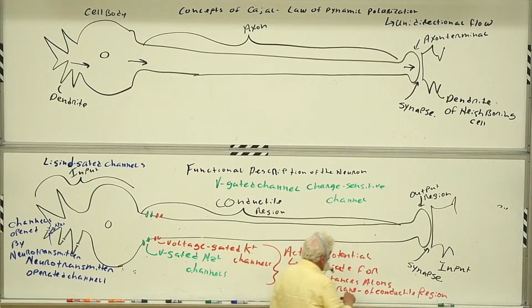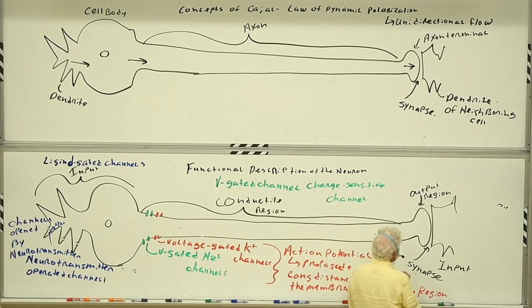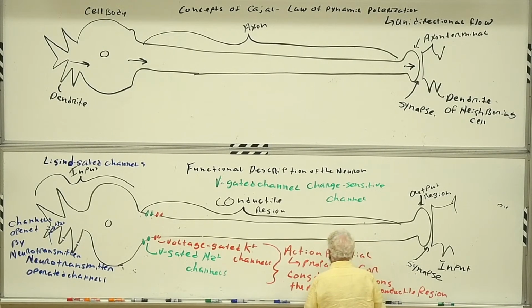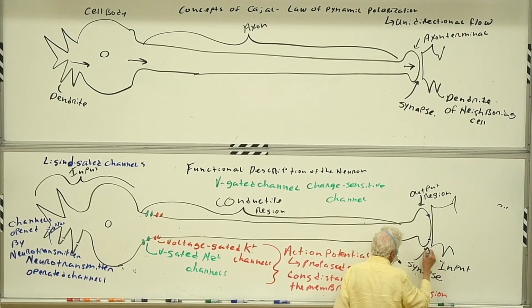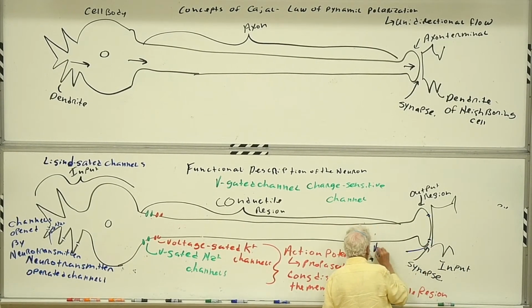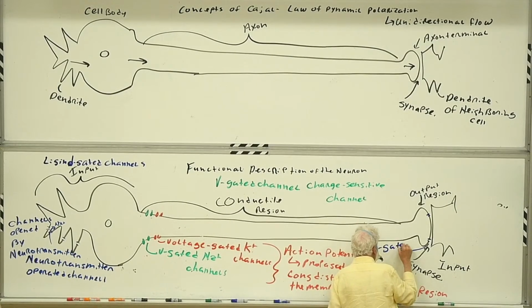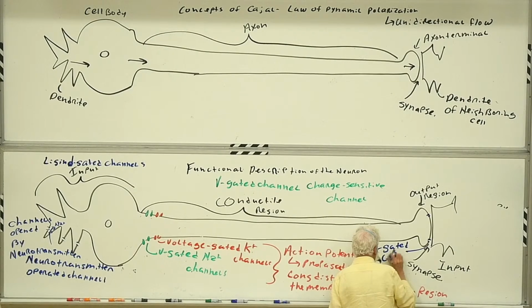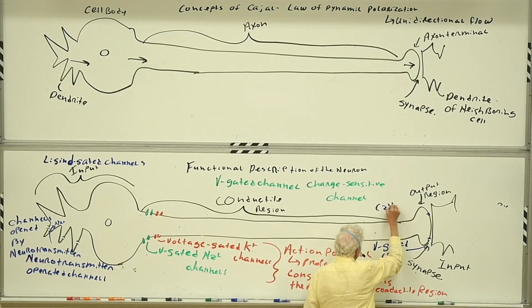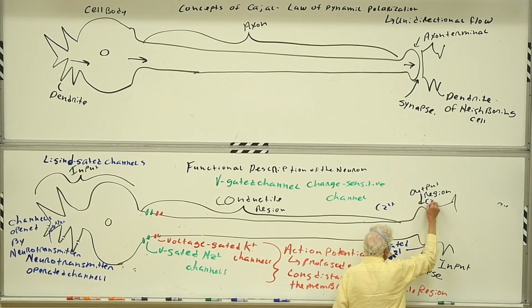And those electrical signals will arrive at this region here called the output region, where there is another set of channels, which we're going to talk about in some detail, called voltage-gated calcium channels. The calcium channels, these Ca2+ channels, allow for calcium to enter the cell from the outside world.